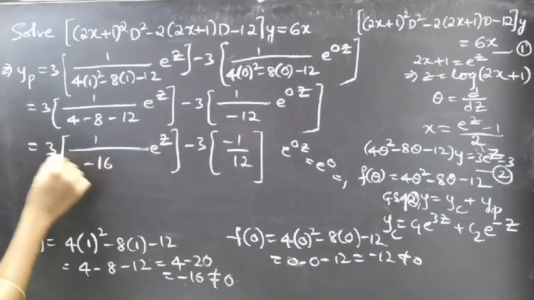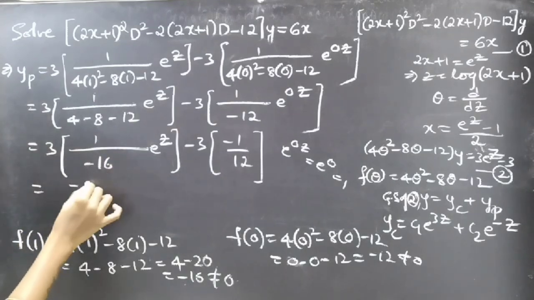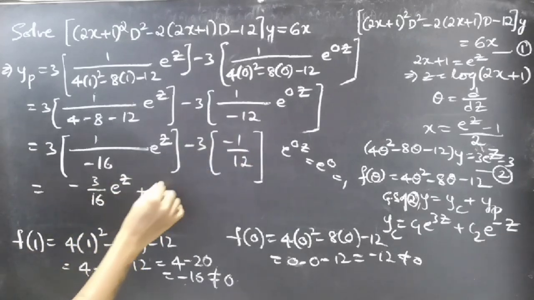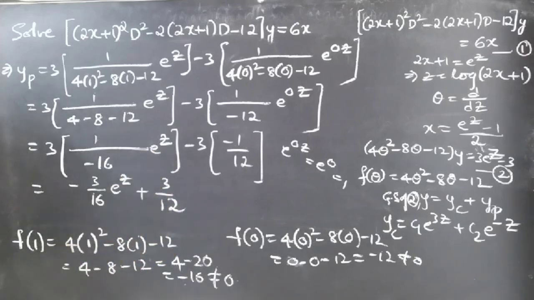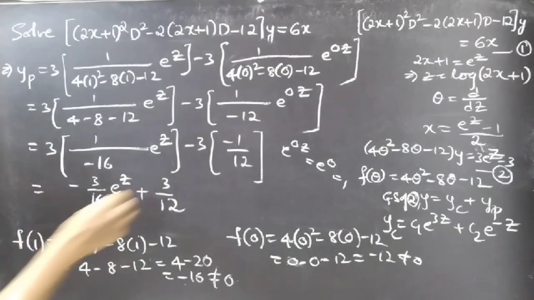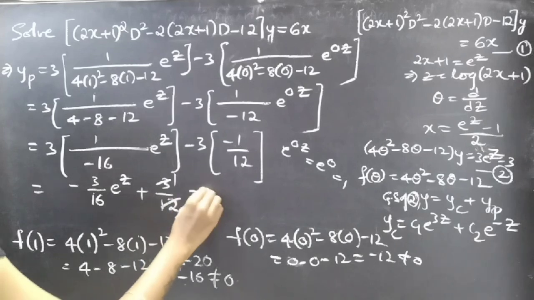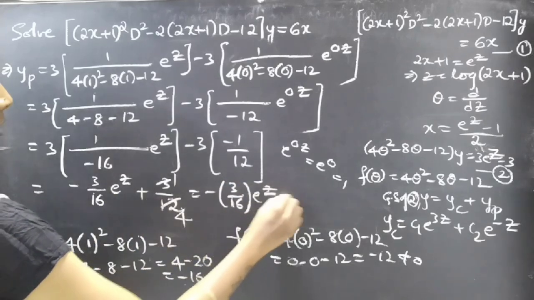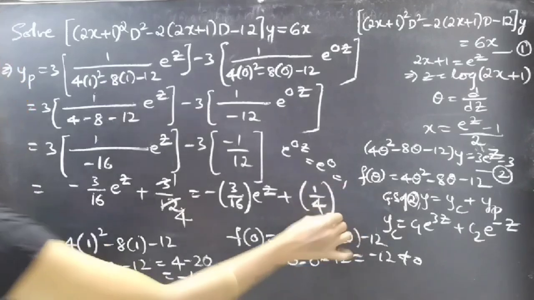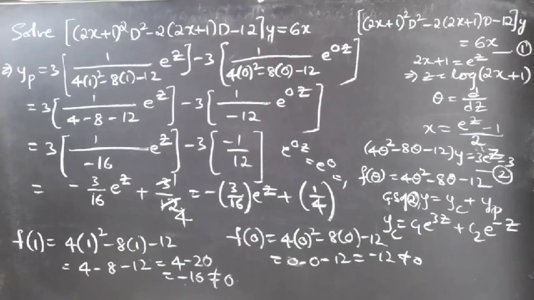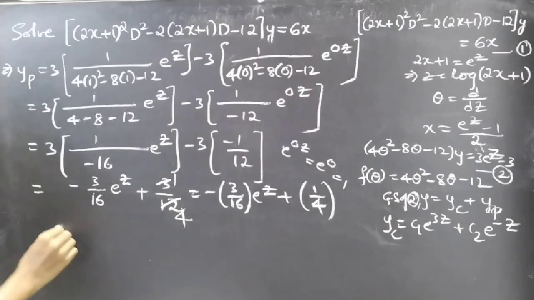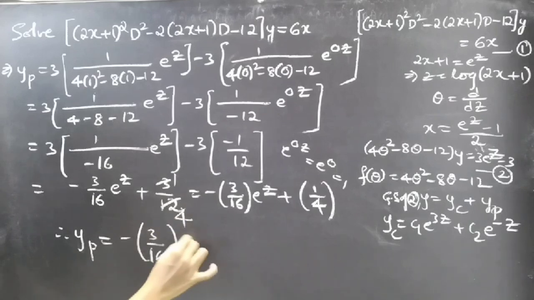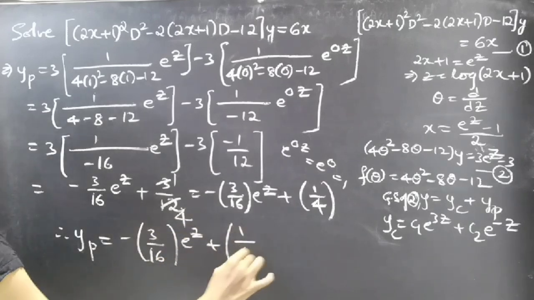This is equal to 3 into 1 by minus 16, which is minus 3 by 16 into e power z, plus 3 by 12, or minus 3 by 16 into e power z plus 1 by 4. Therefore, yp equal to minus 3 by 16 into e power z plus 1 by 4.